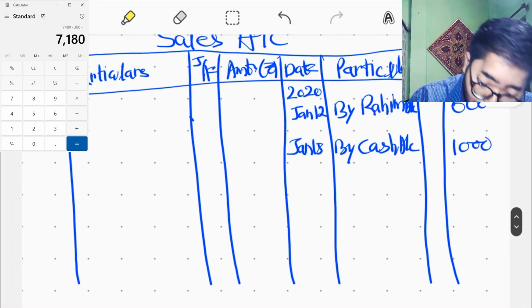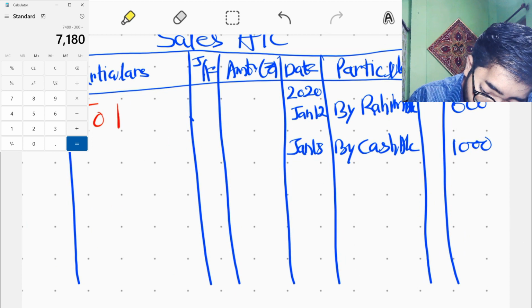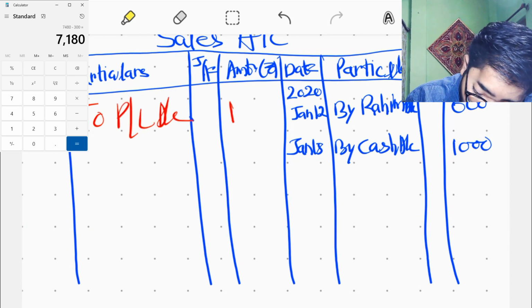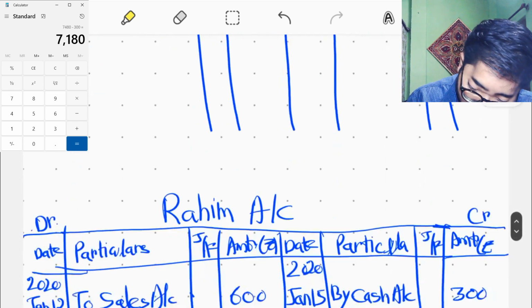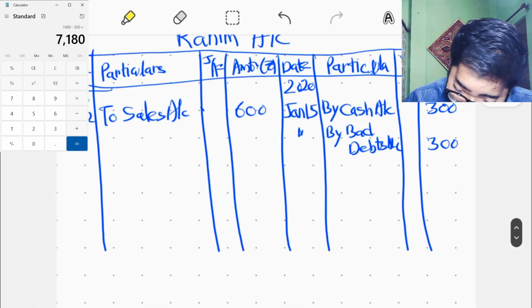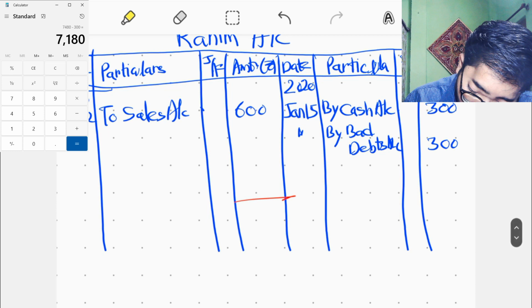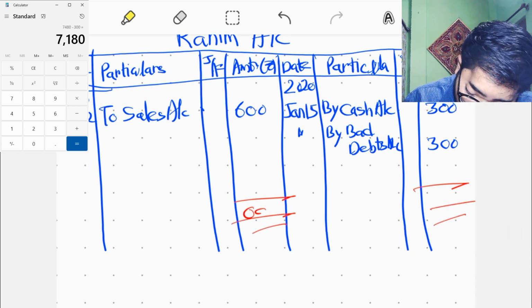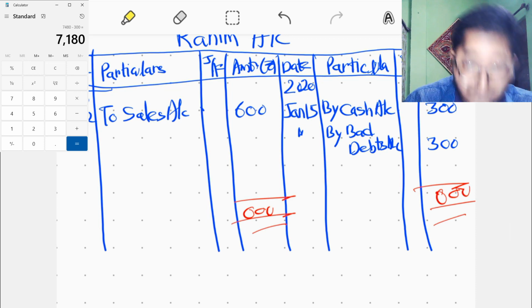Sales account will be transferred to trading account or the profit and loss account, 1,600. Rahim account would be only total, no adjustment, no closing balance, 600.